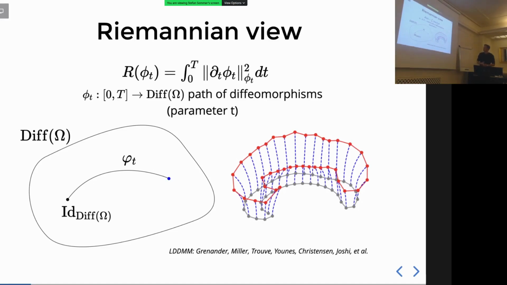As I said, this is also called LDDMM, and one consequence is that you can look at these optimal paths as geodesics for a right invariant Riemannian metric on the diffeomorphism group. So in particular, they will be very smooth.